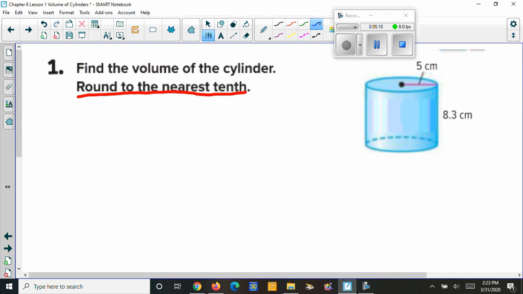Now, for the volume, we know we're using the base area times the height. For this example of a cylinder, the base area is pi r squared, and the height is actually given to me in the picture. That height is this straight side of 8.3.